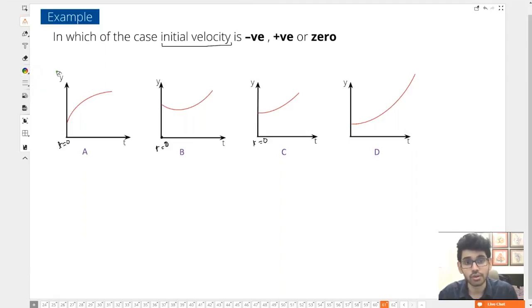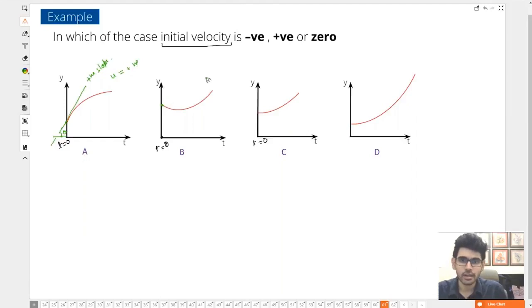Plus, minus or 0? What will it be? Yes, it will be plus, because look, slope is positive. It's making an acute angle with the positive x-axis. So positive slope. So u is positive. Initial velocity is positive at t is equal to 0.